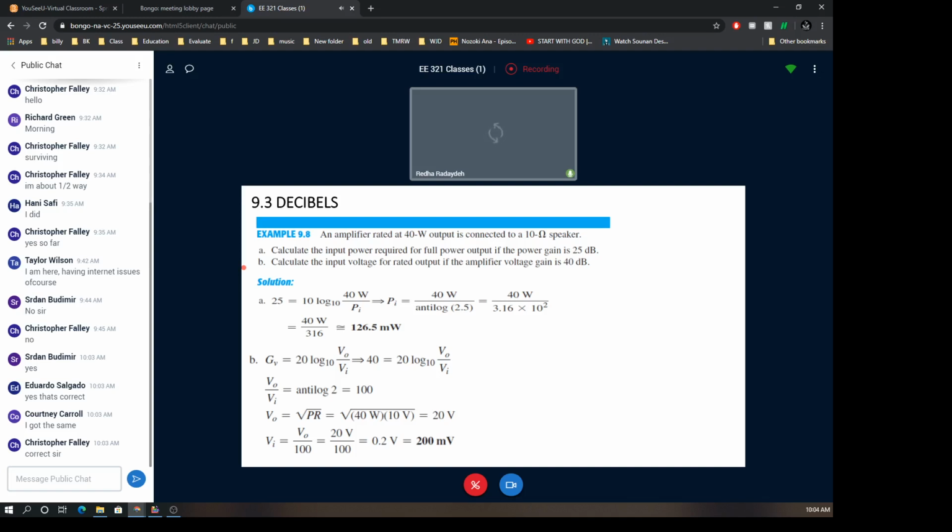The rated output voltage would be the square root of the rated output power times the resistance. The amplifier provides us a voltage gain in dB, so we should be able to get the input voltage from that.